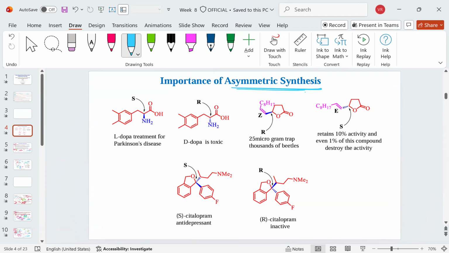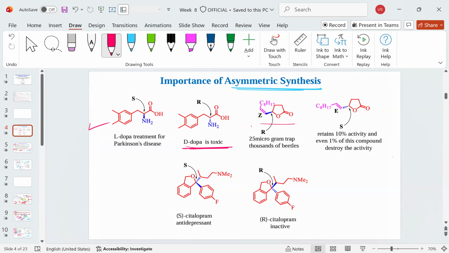Asymmetric synthesis mainly deals with chiral molecules which have a chiral center. This is because if we look at dopamine, the L dopamine is used for Parkinson's disease. However, the D dopamine is particularly toxic to the human body.